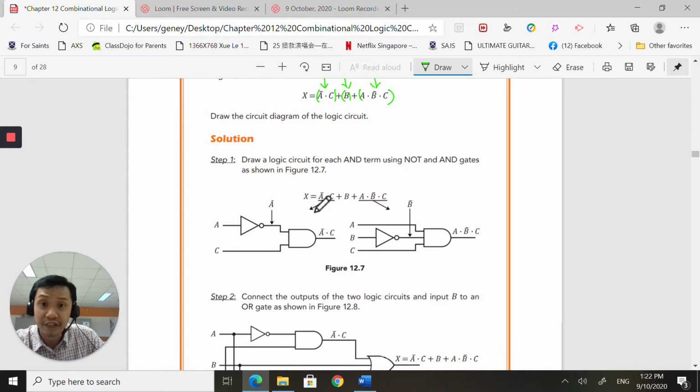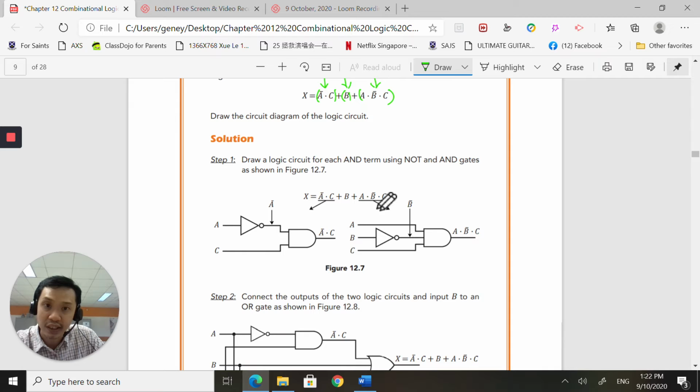The first step is tackling the A complement and C. I have A. To make it into a complement, I have to put a NOT gate, therefore it becomes the opposite. And C, so I need an AND gate, so the C signal goes here. So this becomes A complement and C. What about A, B complement and C?